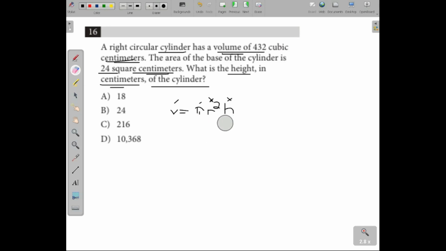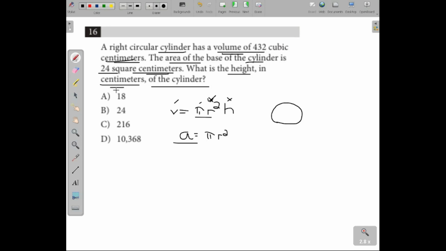We need the radius. But we have some more information. The area of the base of the cylinder is 24. And the base of the cylinder is a circle. So the area of a circle is pi times the radius square. And we have the area.